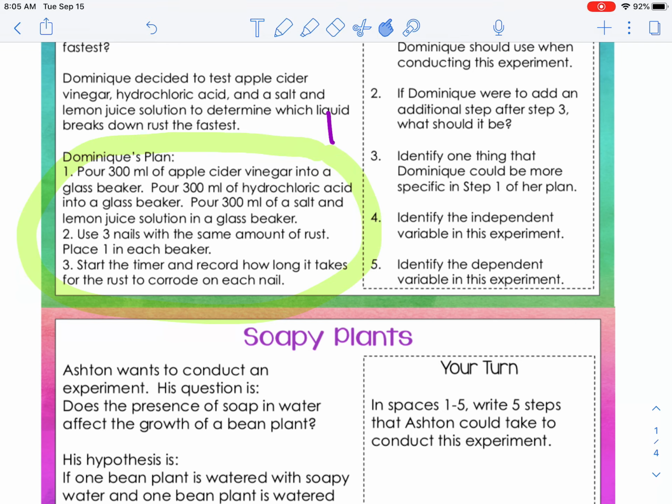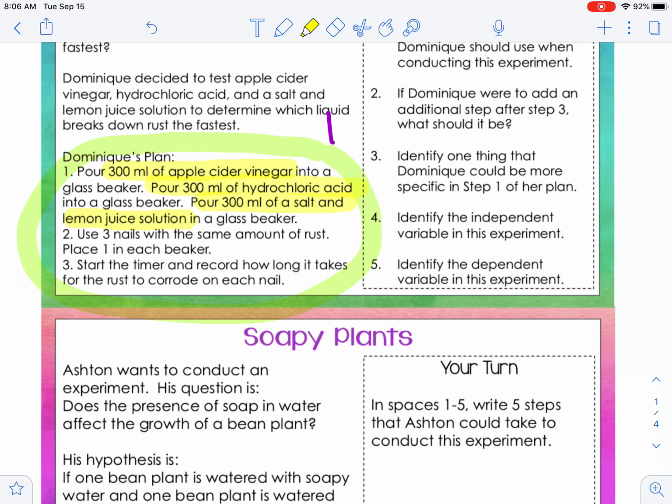Identify one thing that Dominique could be more specific in step 1 of her plan. Okay, so let's take a look back at what step 1 was. We have 300 milliliters of apple cider vinegar in a glass beaker, 300 milliliters of hydrochloric acid in a glass beaker, 300 milliliters of salt and lemon juice solution in a glass beaker.